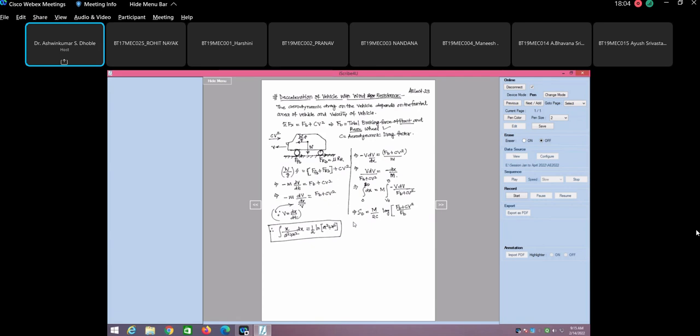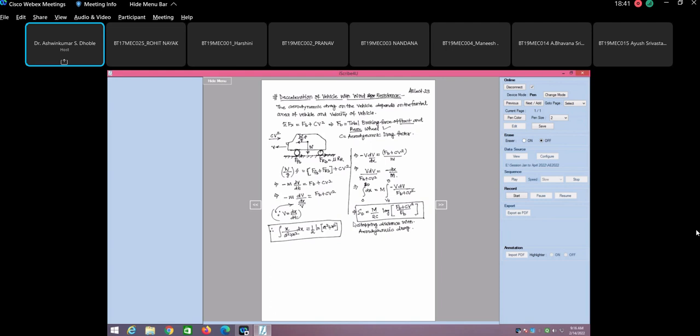If we use the limit, sir, this is basically the formula for the stopping distance with aerodynamic drag. Is it clear, sir?